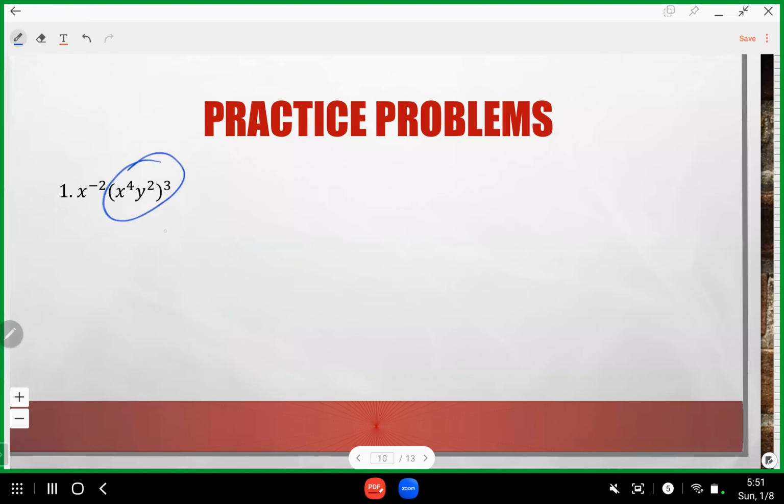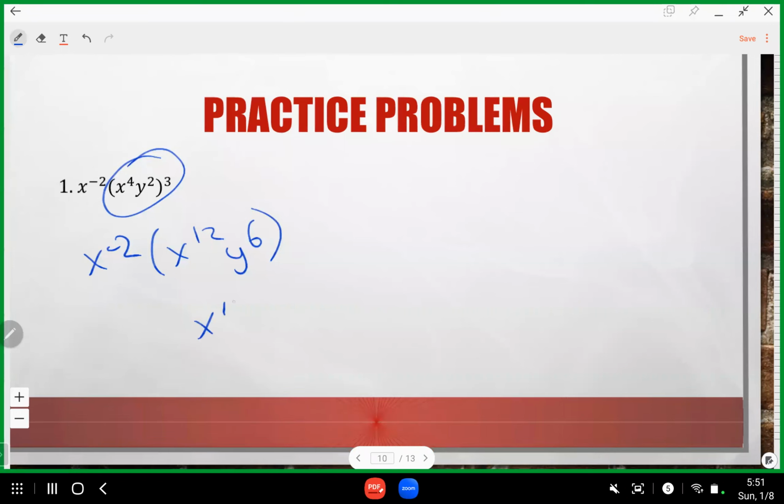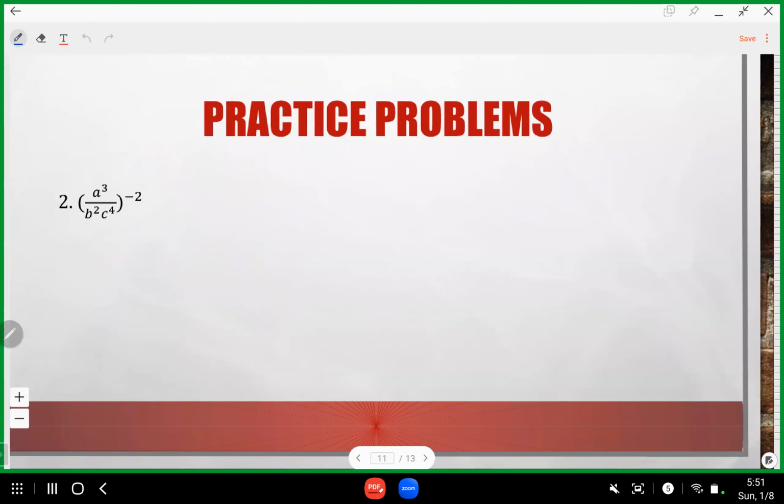So product to power, right? Multiply this 3 exponent to everyone here. It's going to be x to the 12th, y to the 6th. So that's all good. Now how about x to the negative 2nd? So what happens when you multiply x to the negative 2nd by x to the 12th, right? You add the exponents. So then it's going to be x to the 10th, y to the 6th. So very good job, guys. Let's now move on to this one.